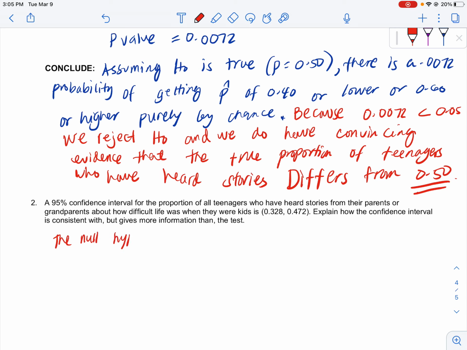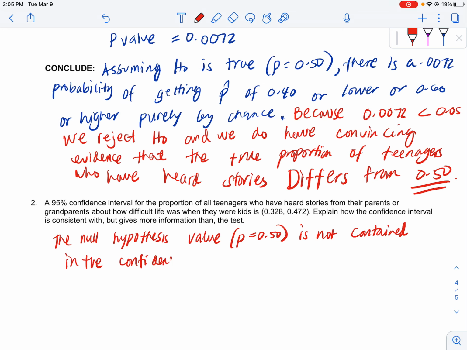So, let us try to do this. The null hypothesis value, or I could even call that my parameter, 0.50, is not contained in the confidence interval. So we would reject H0.